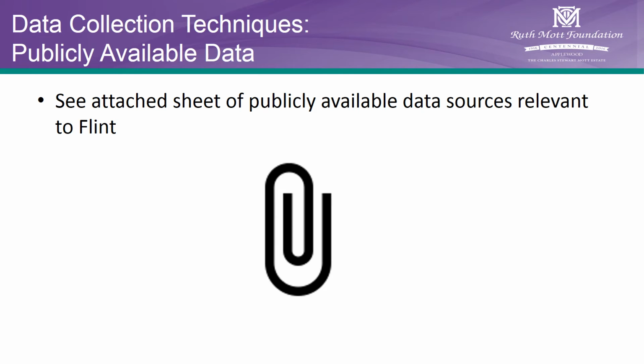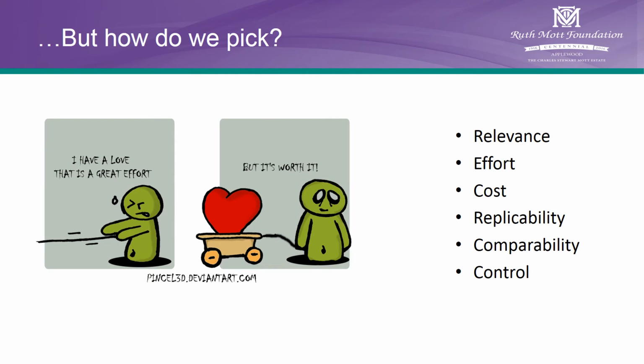We will have a little more experience with this at the workshops in September, but I would really encourage you to look through all of this information. So the question is always, how do we pick? How do we pick what we're going to use? So the first thing is that you need to have data sources that are relevant to what you're interested in. You really need to think about the effort that your organization can put into collecting this data and whether it's reasonable given the other things that you have to do in your organization.